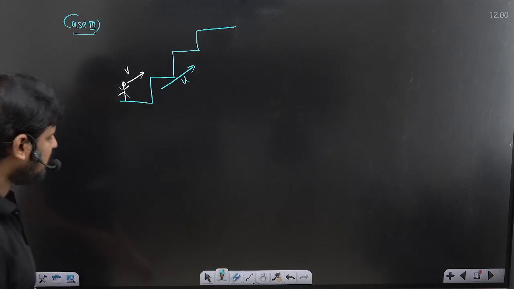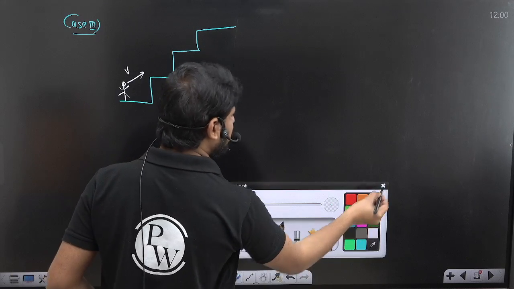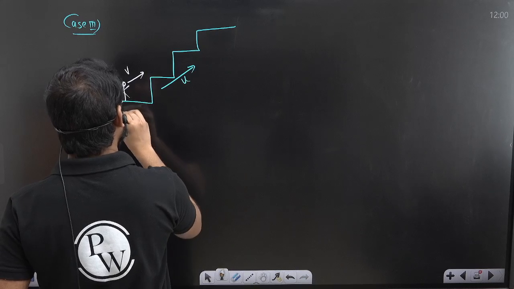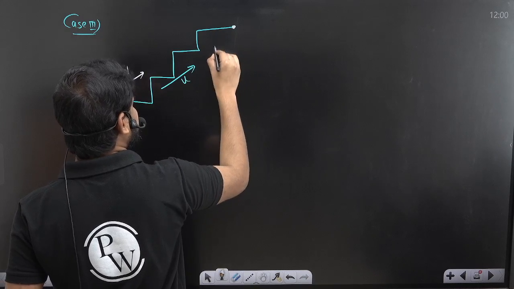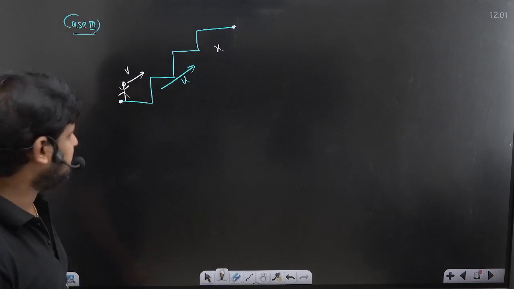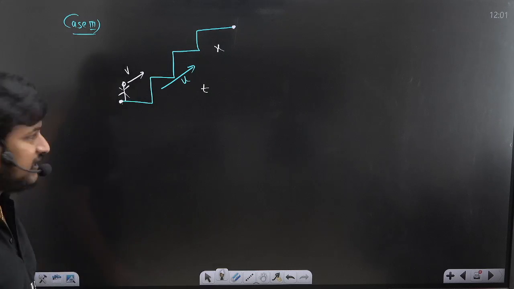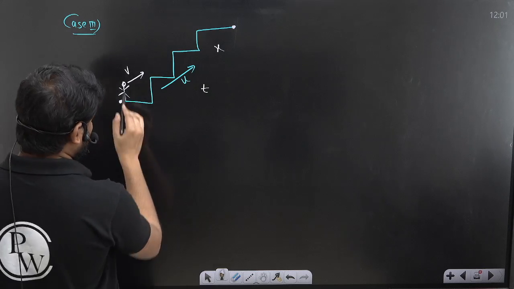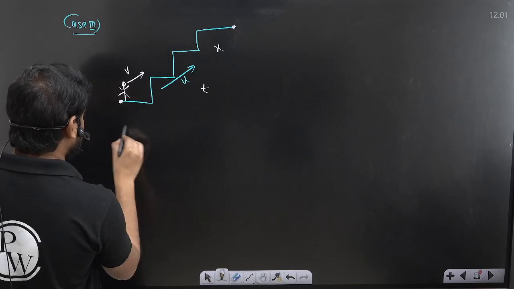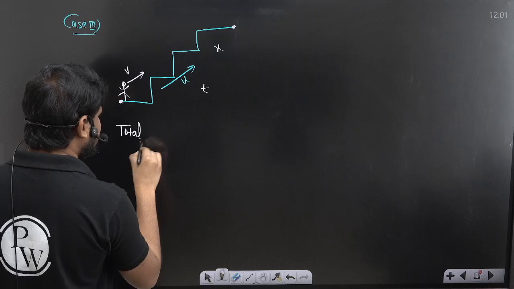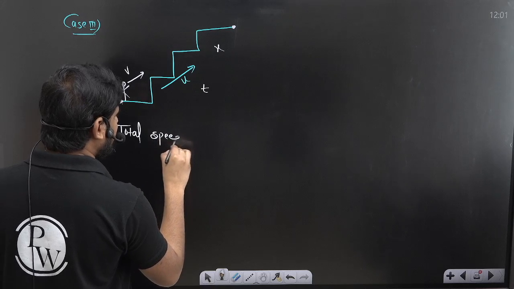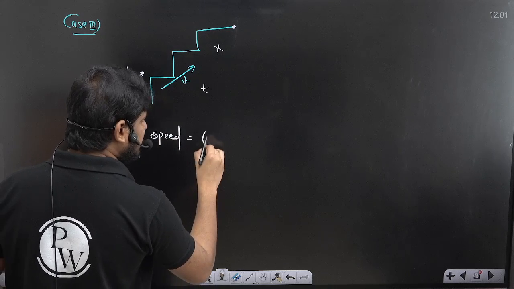In this case also, the distance is going to be the same. This distance is never going to change. Let the time taken be t. Again use the formula. In this case, the total speed is going to be u plus v.